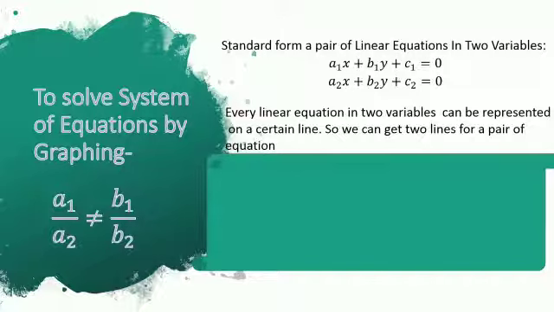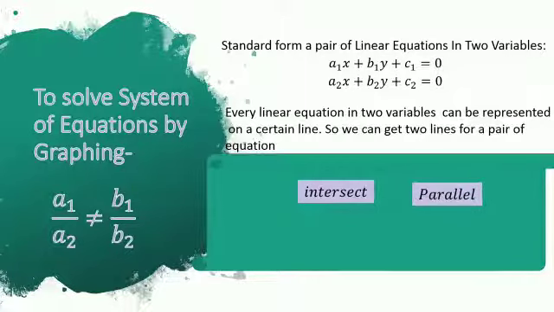Every linear equation in two variables can be represented on a certain line. So we can get two lines, one for each equation, for a pair of equations which may intersect, be parallel or coincide. Let us see how.